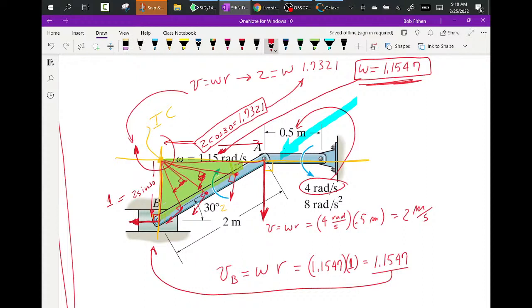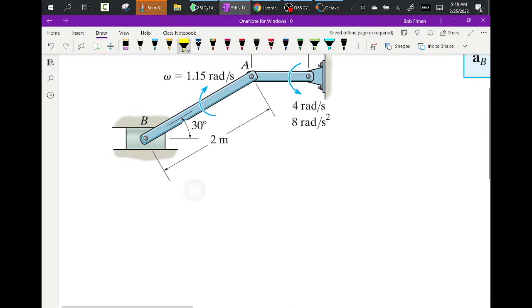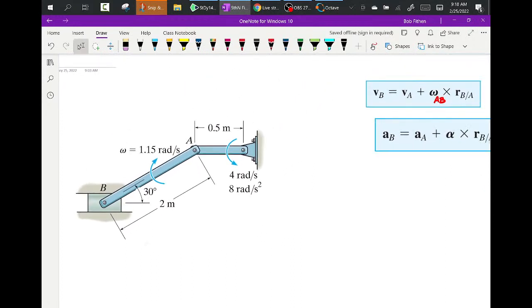Okay, so what I'm going to do, I'm going to sort of accentuate this one, although he gave it to us. We're double checking. Now let's go back and do the velocities. Even though everything's there, we're going to do the velocities off of this equation. So what I'm going to do, I think, is swap these two.